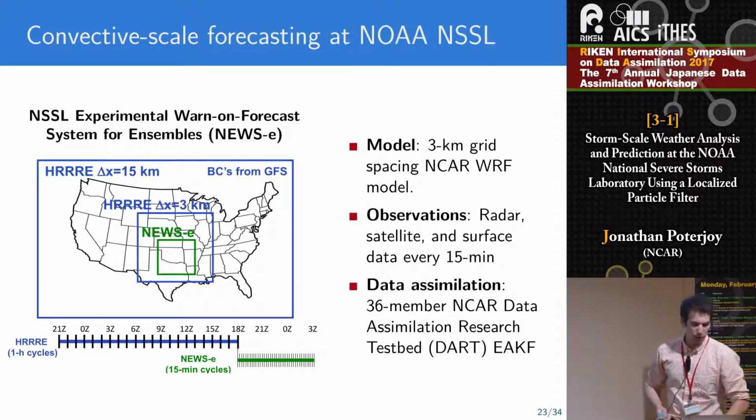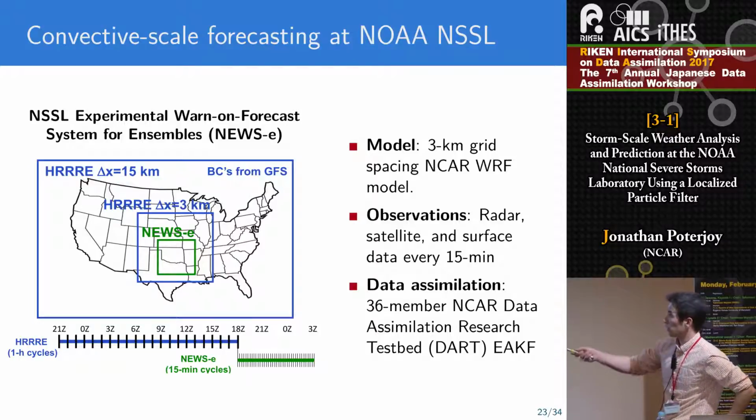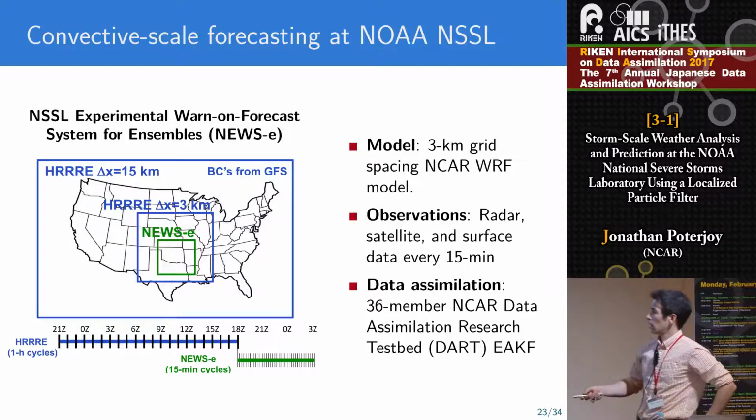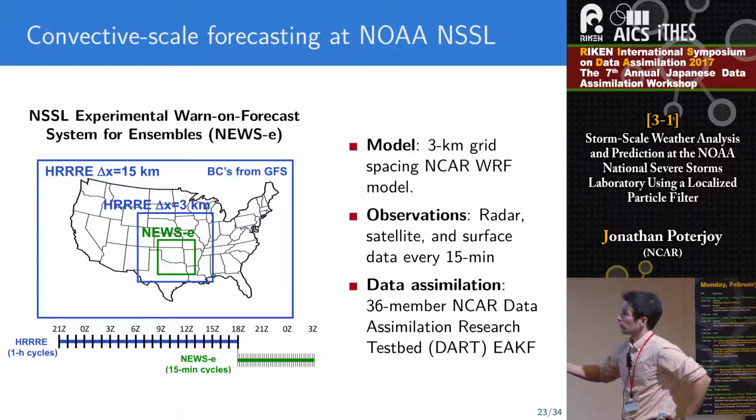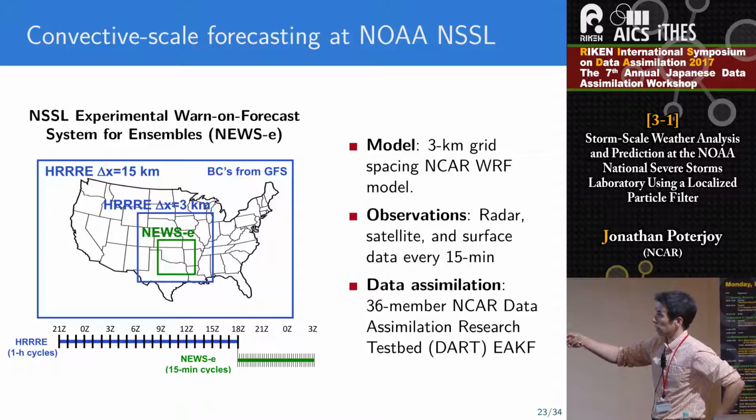And so the way I'm going to explore this problem is in this data assimilation framework that's used at NOAA National Severe Storms Laboratory. They call it the NSSL Experimental Warn-on-Forecast System for Ensembles, or NEWSe. This NEWSe system operates within the HRRR system, and this is just a NOAA ensemble that's run experimentally, and it takes boundary conditions in from the GFS ensemble.